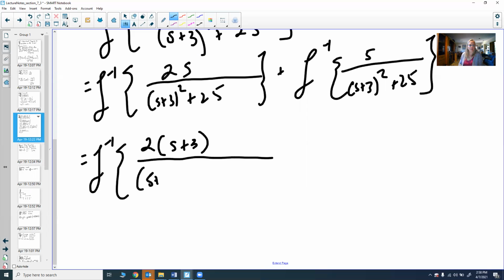Now ask yourself, what did I really just add to this, because then I can subtract it off. What I really added was, I have 2s plus 6, so I really added 6. That means I need to subtract 6, so that I didn't change the problem.